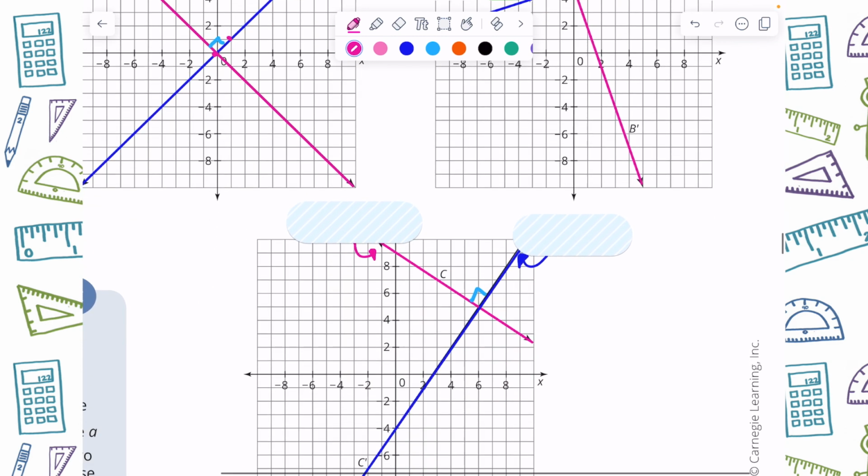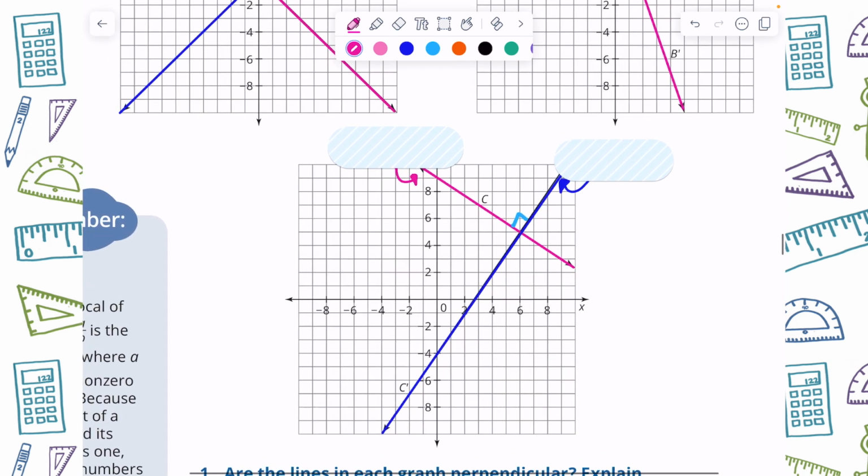Let's look at the last graph. When you wrote the equation of this pink line, you should have gotten y equals negative 2/3 x plus 9. And the equation of this blue line is y equals 3 over 2x minus 4.